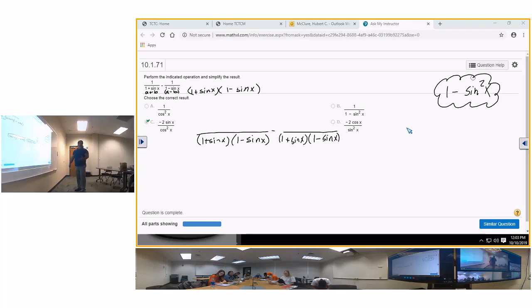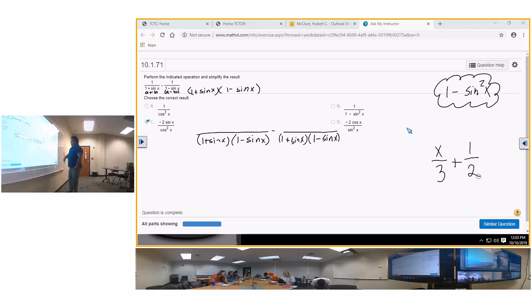getting a common denominator. If you don't know what I'm talking about, what is x over 3 plus 1 over 2? What's the common denominator? 2 times 3. Y'all say 6, and that is correct, but I'm not saying 6. This right here is your 6.